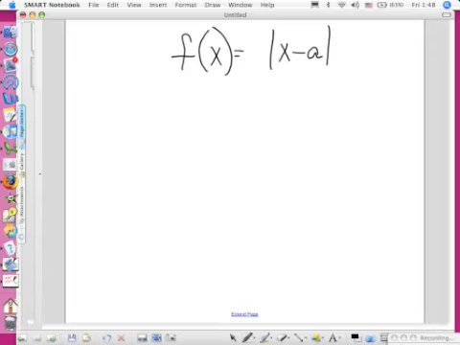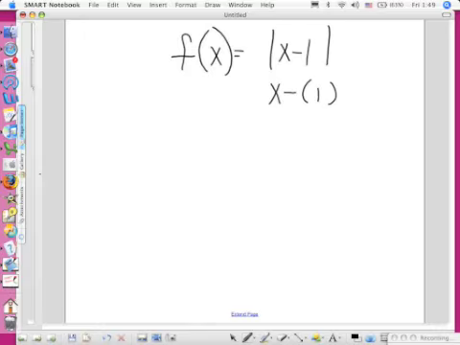For instance, if this said x minus 1, I'm shifting to the right, not to the left. Because if I still have a subtraction sign here, then the number I'm subtracting is a positive number. And positive numbers go to the right.